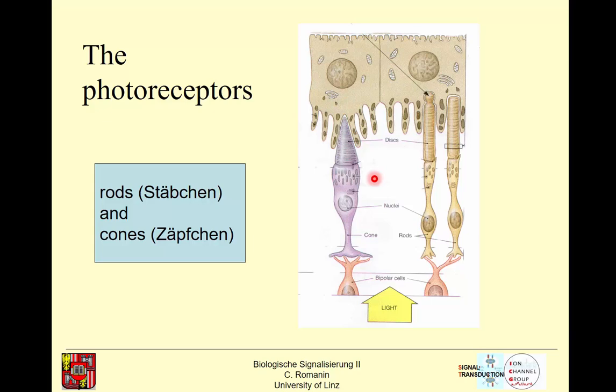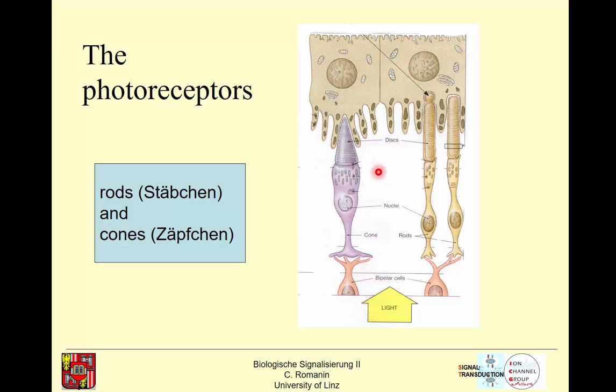But what is so specialized here are these special forms, which lead to the names cone and rod. When you have a look at the structures, these are discs, also called intercalated discs. You can see here the discs actually all have the same diameter. Here the diameter gets smaller and smaller, which ends up with this special cone form.